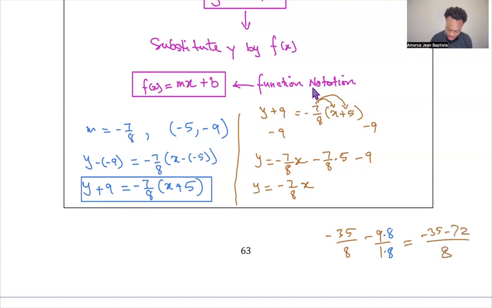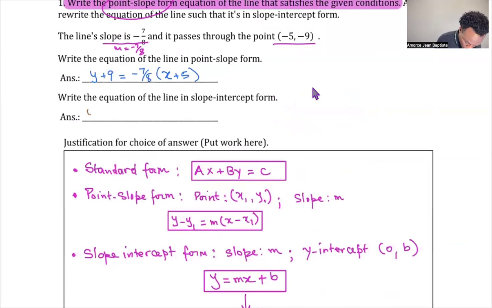So that is negative 107. So then that's negative 107 over 8, which is the slope intercept form. So that is y equals negative 7 over 8x minus 107 over 8.